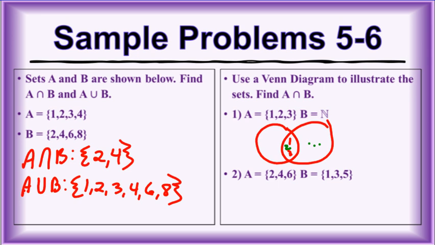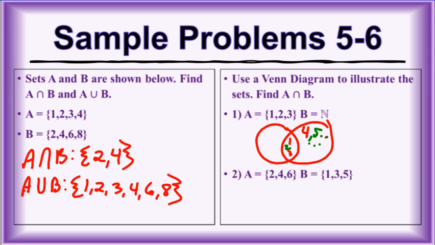We're just trying to find the intersection of those. And so the ones that are in common would be 1, 2, and 3. If you were to put more numbers in there, you would just say you can continue this with 4, 5, and the ellipsis. That would be our Venn diagram right there.